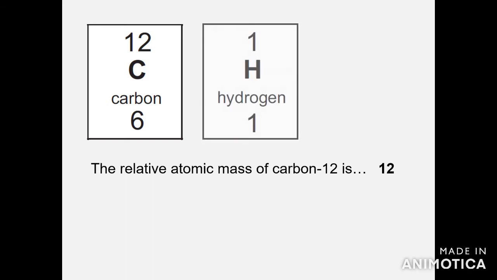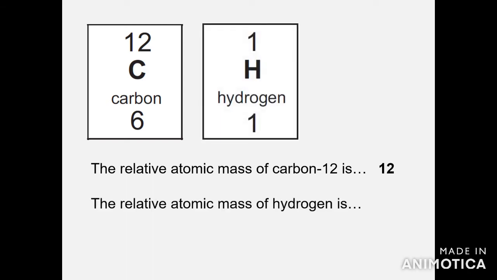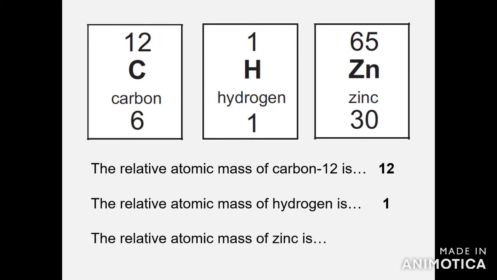The relative atomic mass of hydrogen is, shout it out. Yep, 1. Good. How about the relative atomic mass of zinc? Shout it out. Excellent. Good. So we're getting it. The top number is the relative atomic mass. So here it's 65. Well done if you got those right.